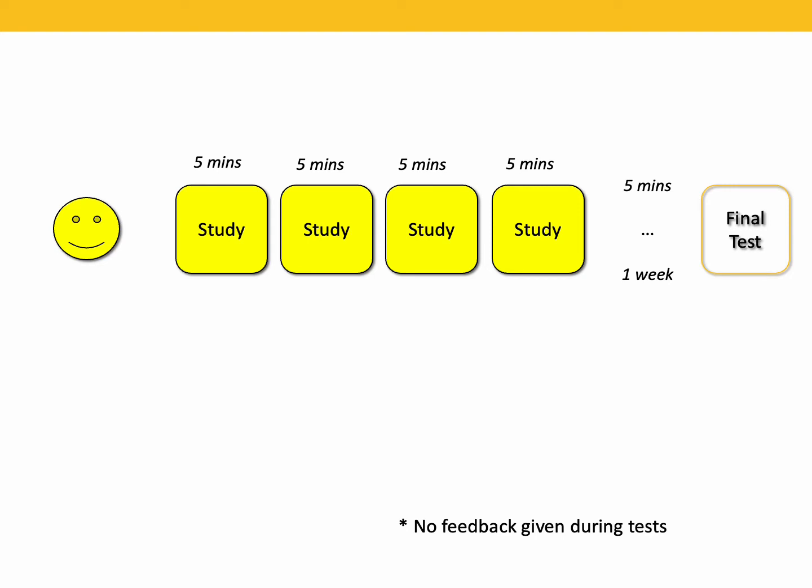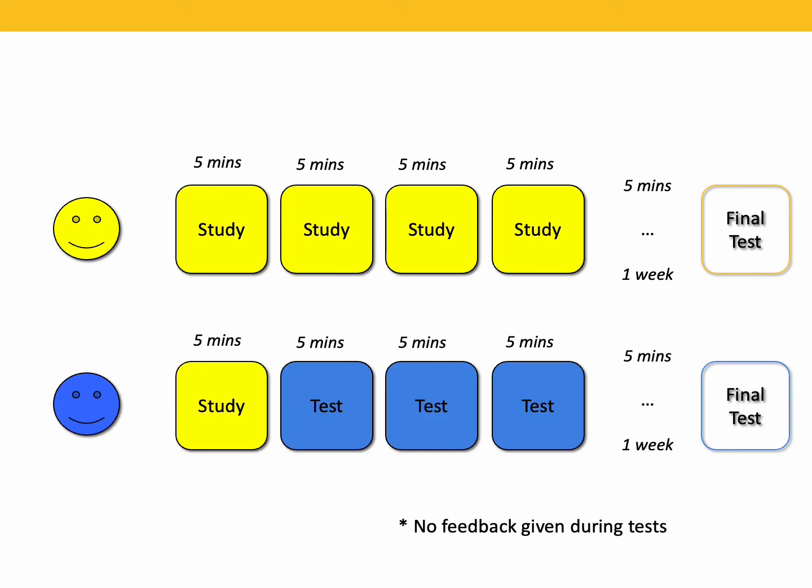Okay? And we contrasted that group of participants with a group that read the passage for 5 minutes, okay? And then for the other 3 5-minute intervals, the researcher would give them a blank sheet of paper and say, write down everything you can remember about sea otters. Okay? And then they would take up the paper and again hand them a blank sheet of paper after 5 minutes and say, okay, again, write down everything you can remember about sea otters. Okay?